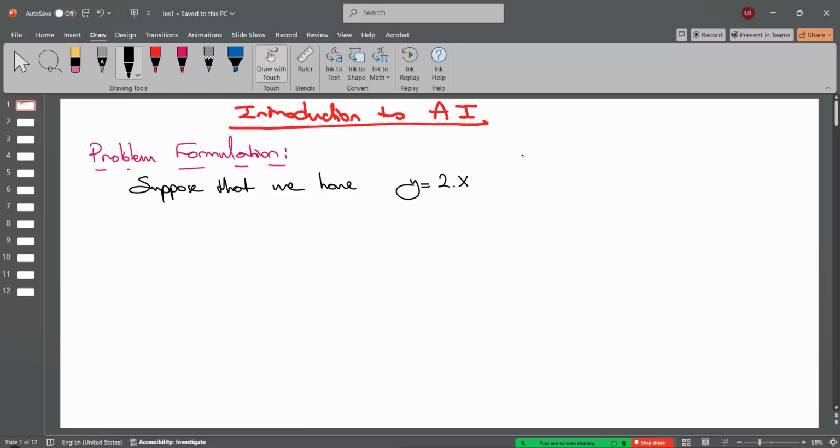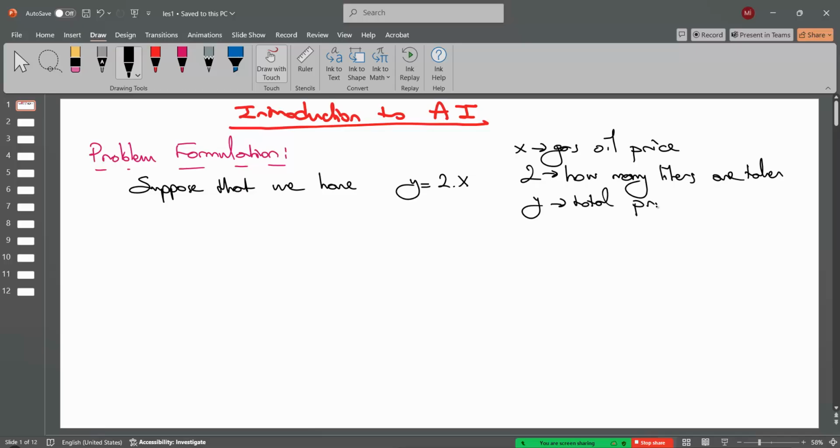Okay, and x, for example, is the gas oil price, and Q is how many liters are taken, and also y is the total price. So in this case we can easily calculate the whole price that we need to pay.